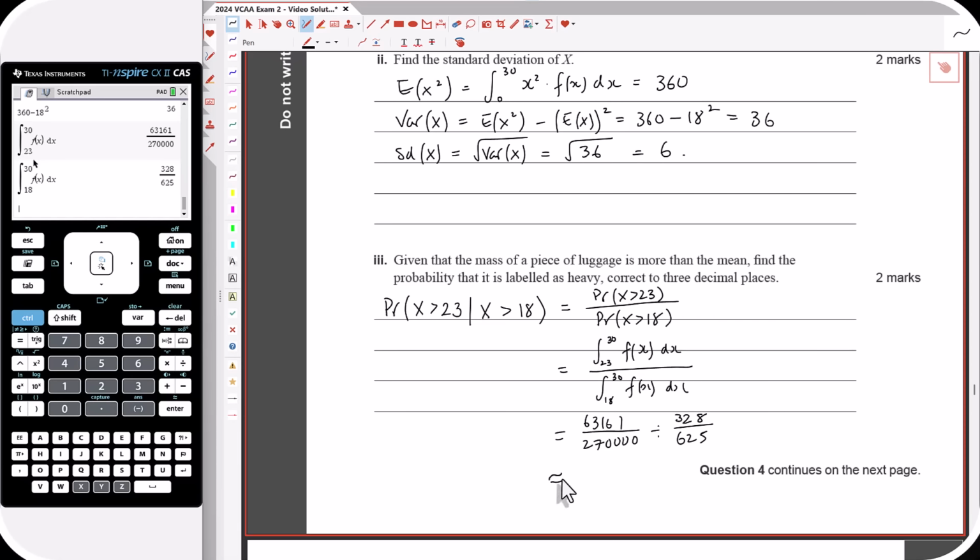We want the answer to 3 decimal places, so it's going to be that fraction divided by this fraction, to be exactly that, or 3 decimal places, 0.446.